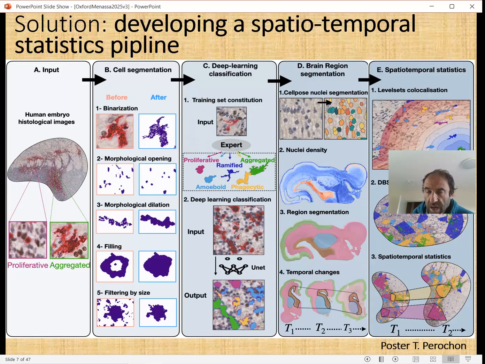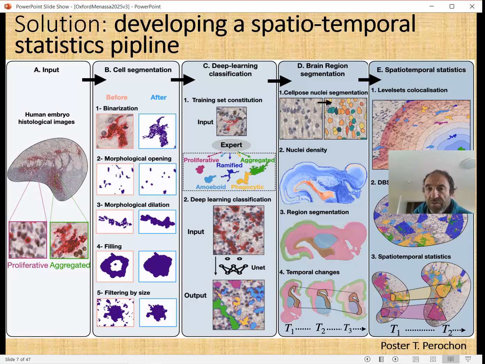One is level sets analysis, where you are interested in generating those lines that give you what happens in the neighborhood at different distances, and this partition of the space will allow you to look at local correlation between one type of cell with the other type.